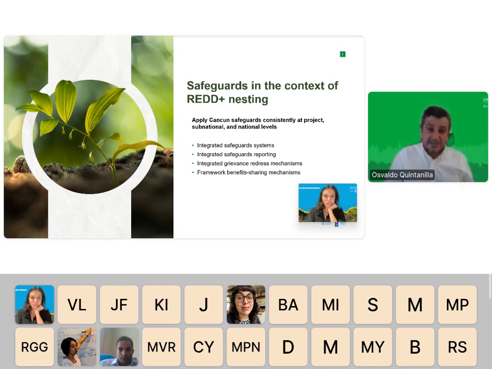Its national SIS is designed to meet both GCF and UNFCCC safeguard requirements. It tracks indicators related to indigenous rights, gender, biodiversity, and participation, and is publicly accessible through online dashboards. The system is supported by institutional coordination and local monitoring mechanisms that allow nested projects to report directly into the national SIS. While Honduras developed a context-specific Safeguard Plus framework to address risks faced by environmental defenders and indigenous communities.